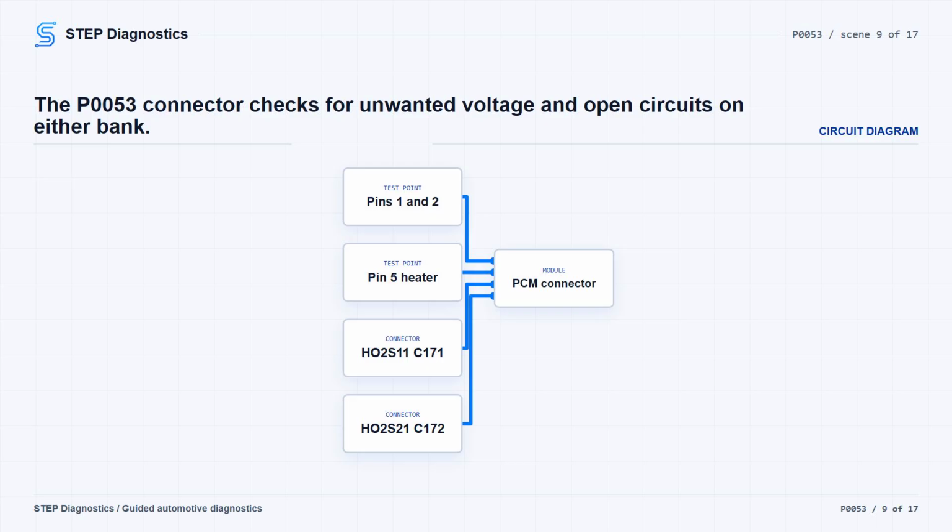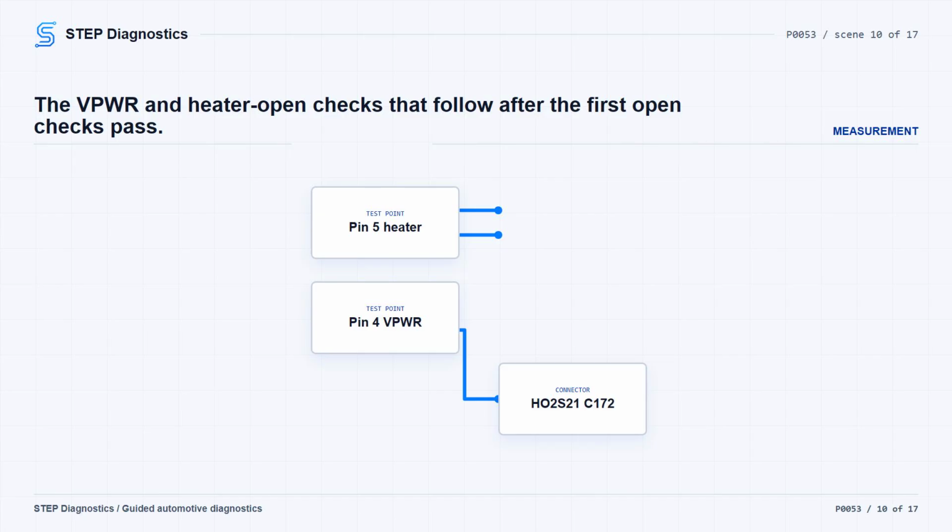On HO2S21, measure C172 pin 1 to C1232T pin 43, C172 pin 2 to C1232T pin 42, and C172 pin 5 to C1232T pin 46. You want less than 5 ohms. If not, repair the open circuit, reset KAM, and repeat the self-test.